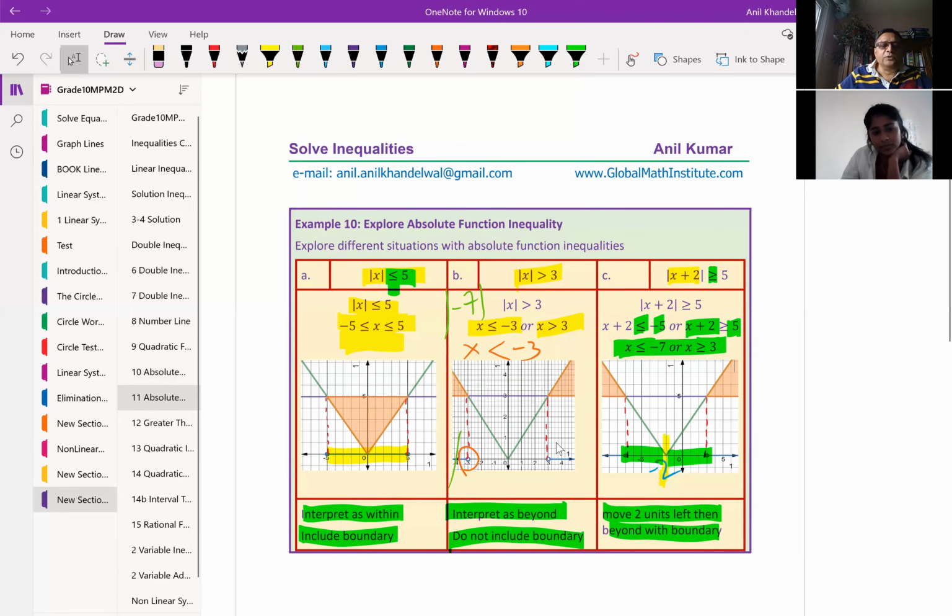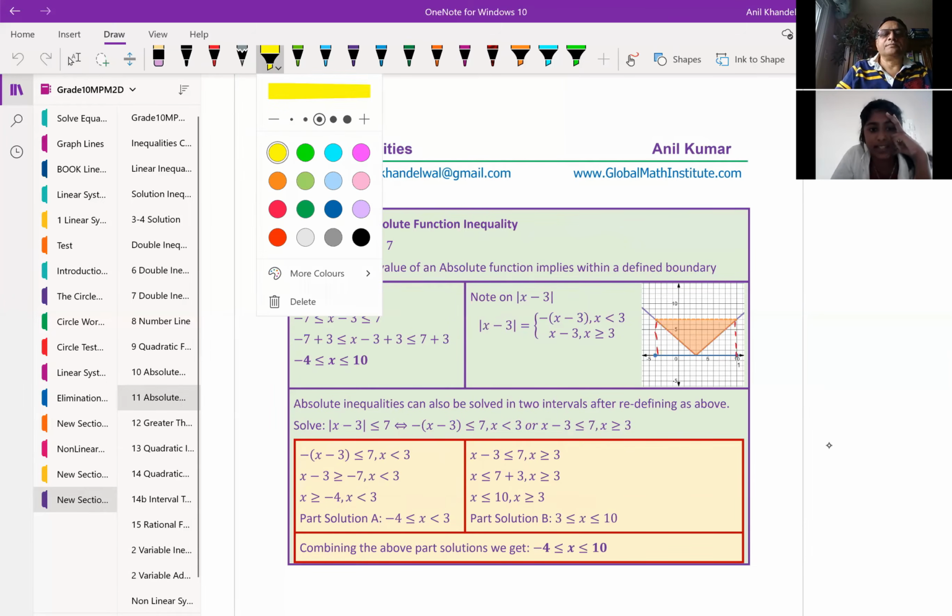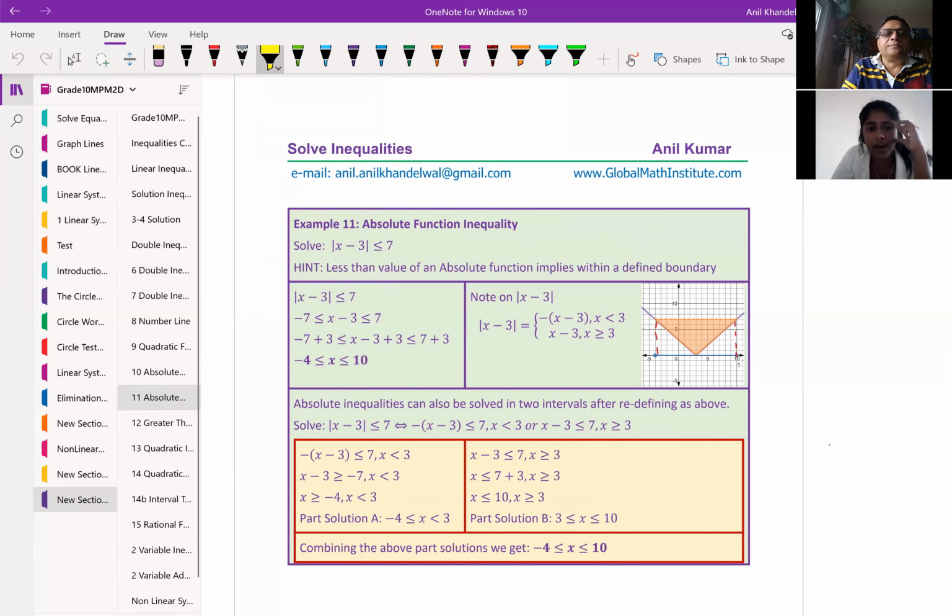Now, keeping that in view, here is a test question for you on absolute function, which is similar to our third example. Can you please read the question and answer? Example 11, absolute function inequality. Solve the absolute function of x minus 3 being less than or equal to 7.